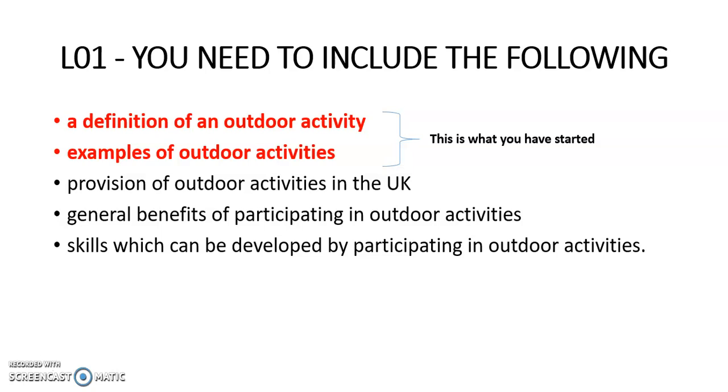These are the things I sent over the first 6 weeks of lockdown for you to complete as independent learning at home. These first three bullet points are the 3 that we're going to look at today. LO2 is the general and skill-based benefits of taking part. We're going to look at those in weeks 4 and 5.